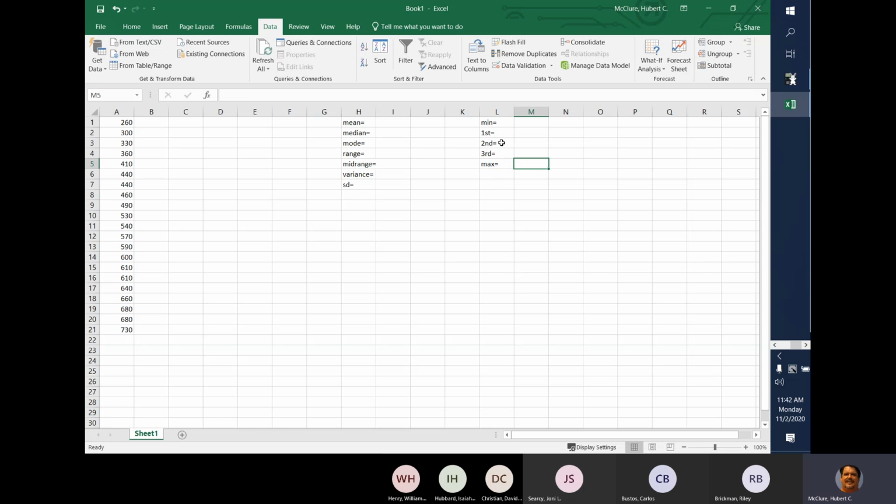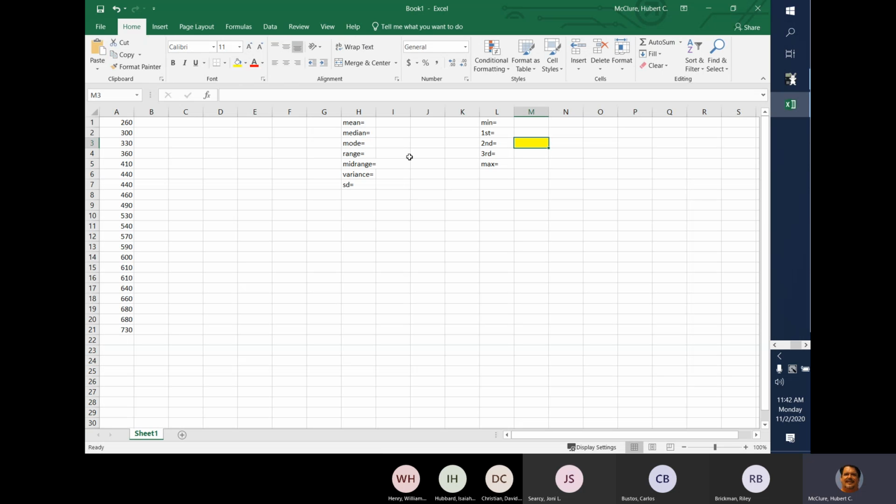Now the good thing is the second quartile is equal to the median. Okay, so it's going to be equal to that guy. And the mean, well, that's equal to that guy.